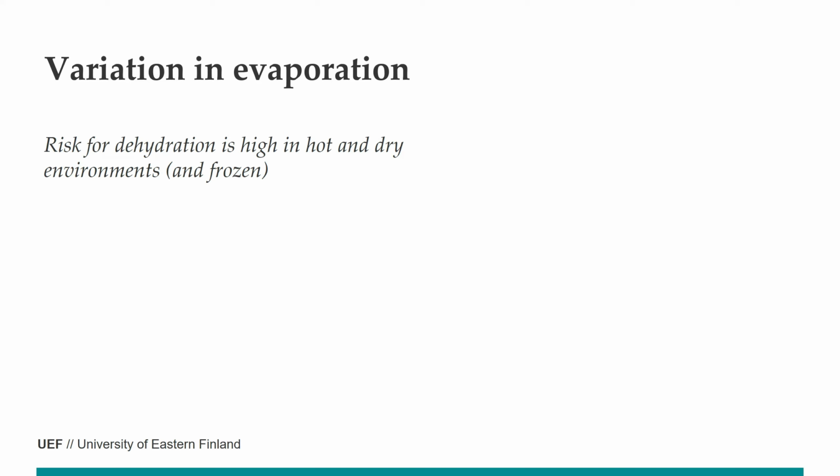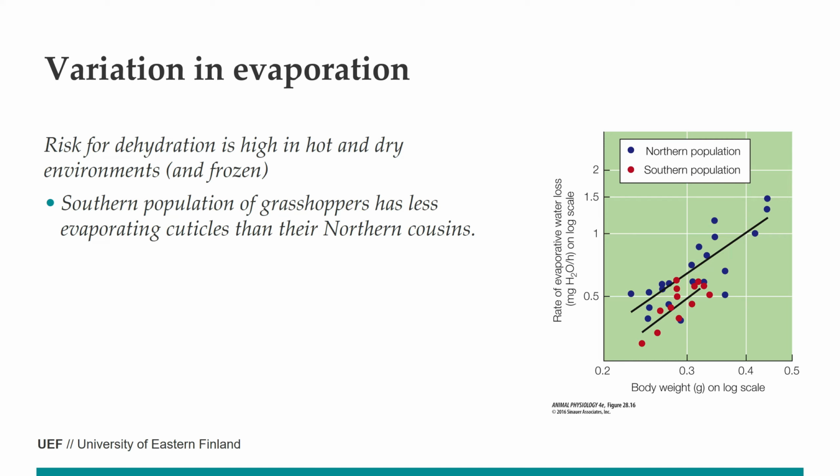So the southern populations in the grasshoppers, for example, have less evaporating cuticles. So this might be on the evolution and adaptation.